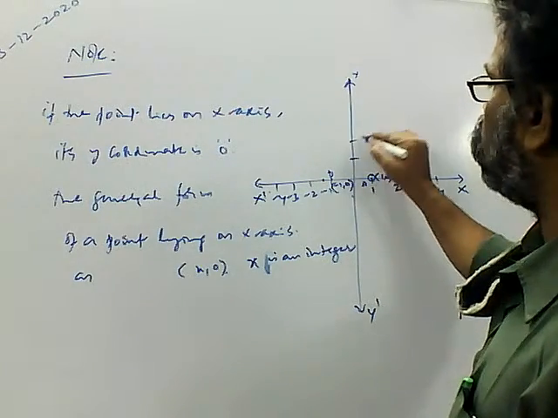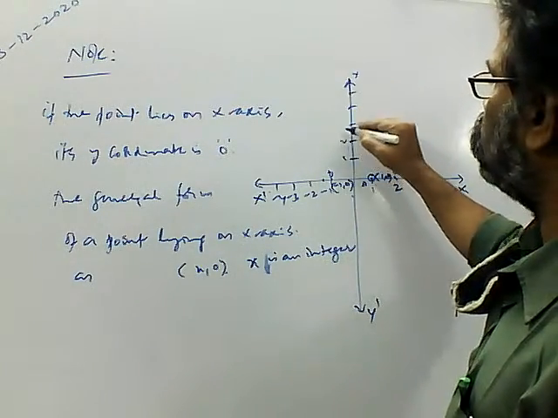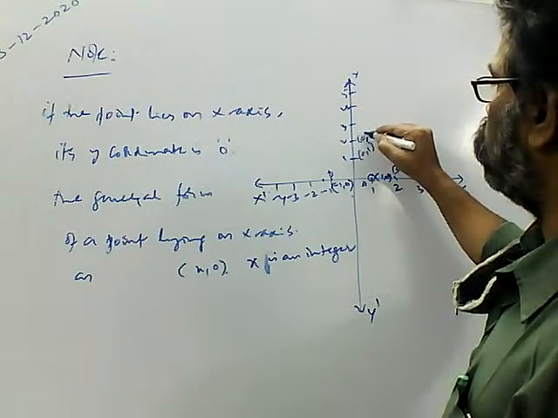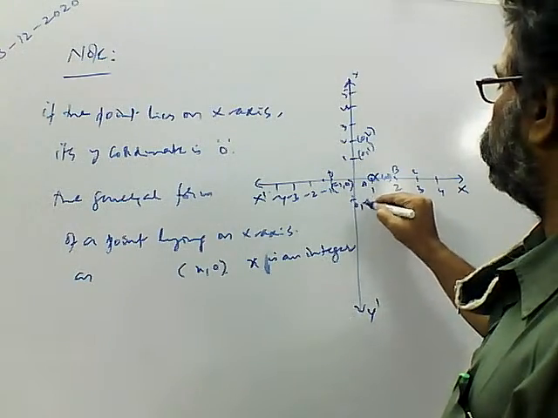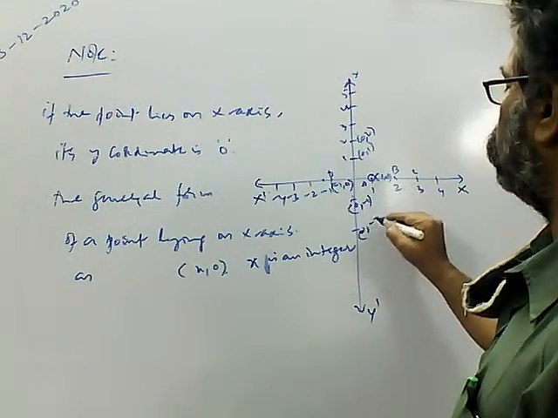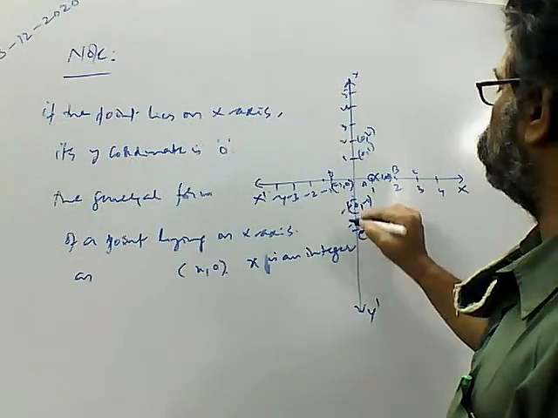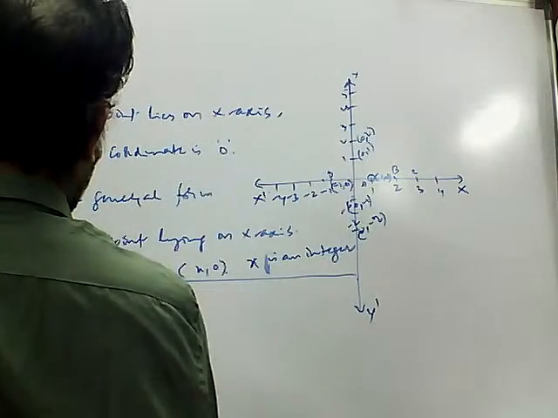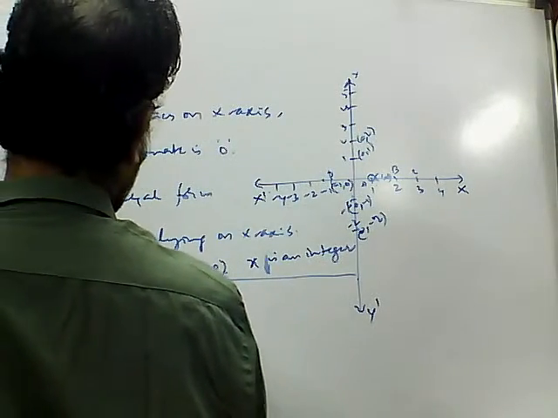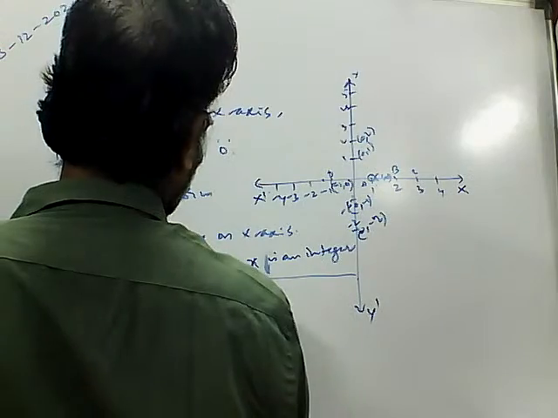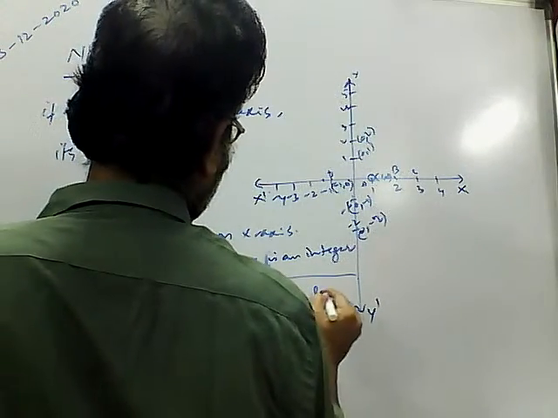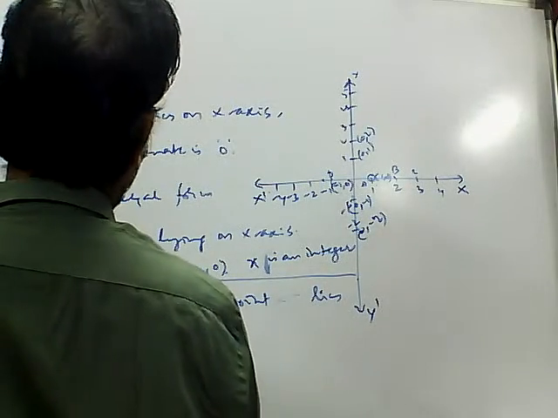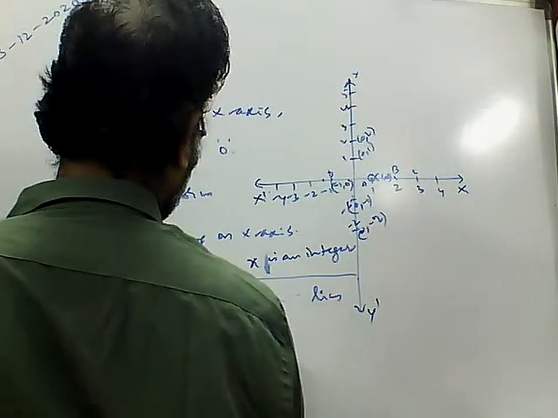Suppose you take a point lying on the y-axis. Here on the positive side, 1, 2, 3, 4, 5. So this point is 0, 2. Here 0, minus 1, 0, minus 2, like that will come. Similarly, if the point lies on the y-axis, its x coordinate is 0.